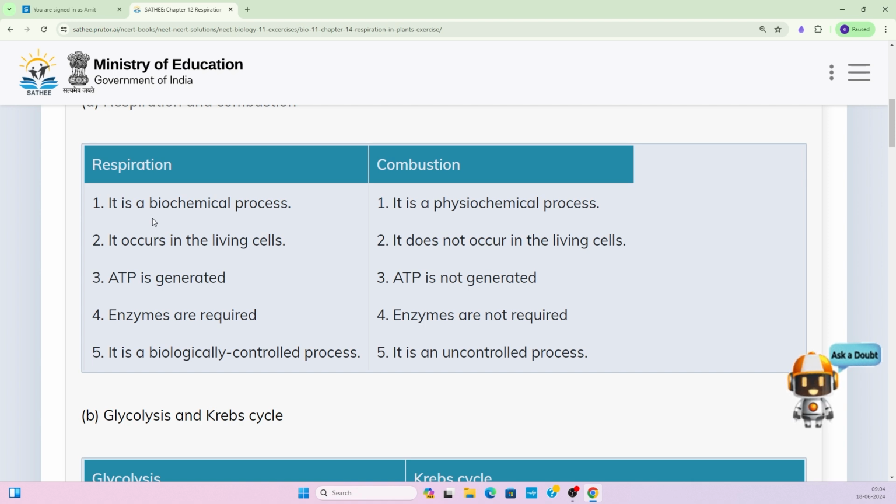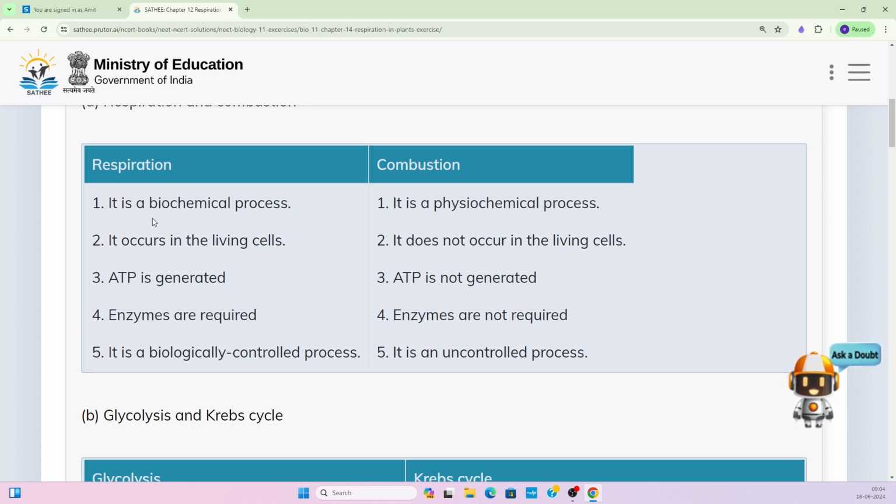Next, it occurs in the living cells. All these biochemical reactions take place inside the cell only. Inside the cytoplasm, half of the cellular respiration takes place, that is the glycolysis process, and later the other half of the reactions take place inside the mitochondria.